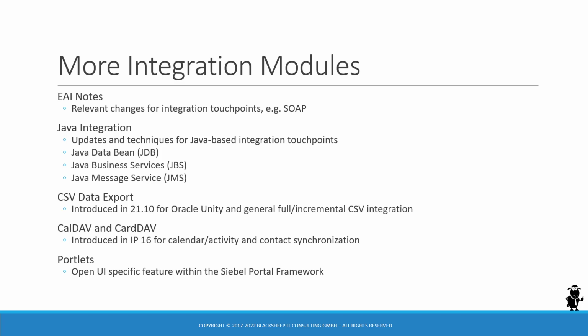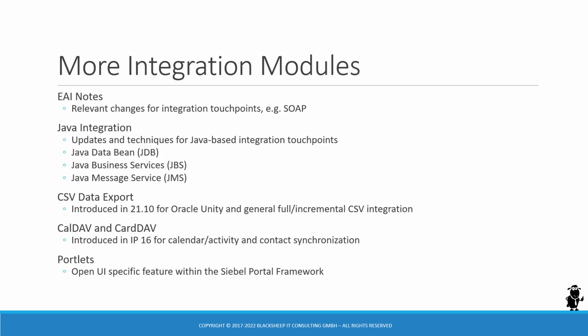The Siebel learning experience of the Siebel Hub is always up to date, so you can even have your own learning module about the relatively new CSV data export feature introduced in 21.10 to support the Oracle Unity integration, or for general full or incremental CSV-based integration with on-premises and cloud systems.